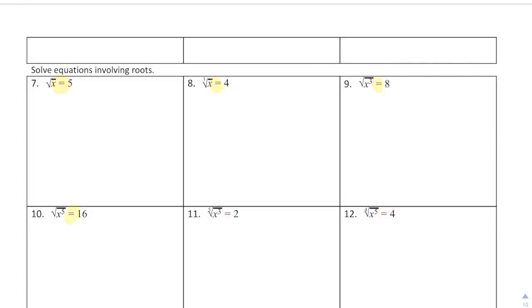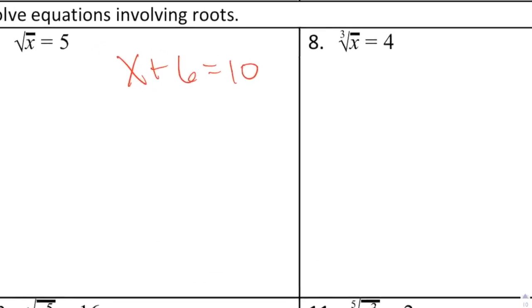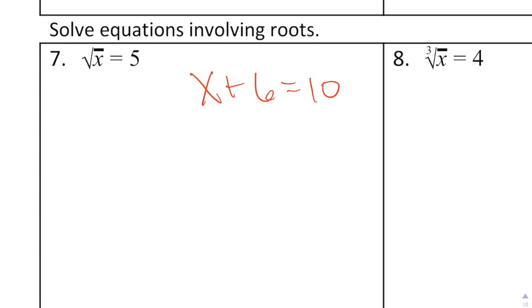If I had x plus 6 equals 10, that's an equation, right? And the whole point of equations is to get the variable by itself. So I would want to get x alone.